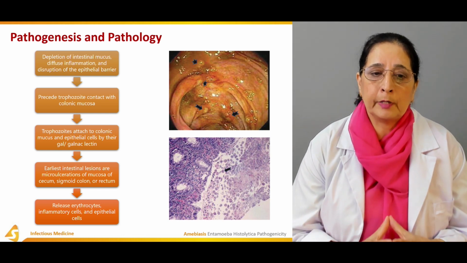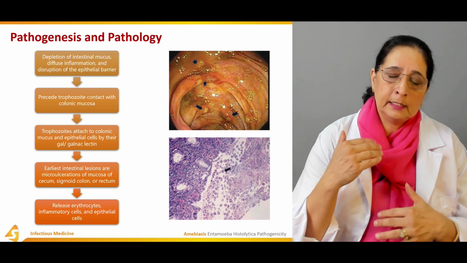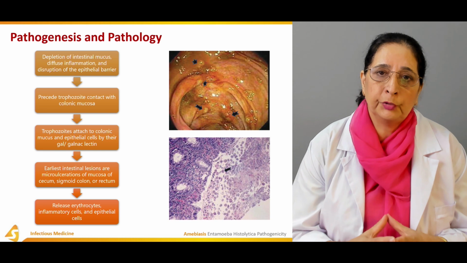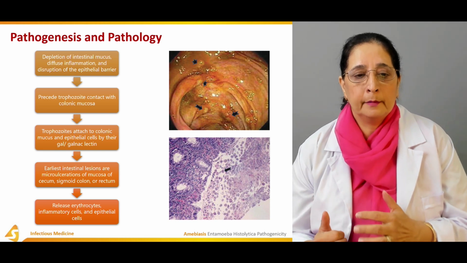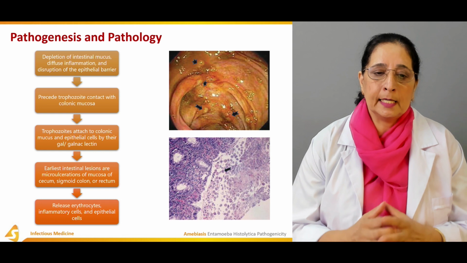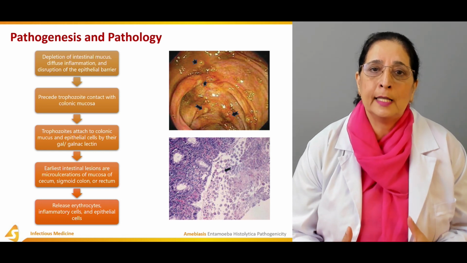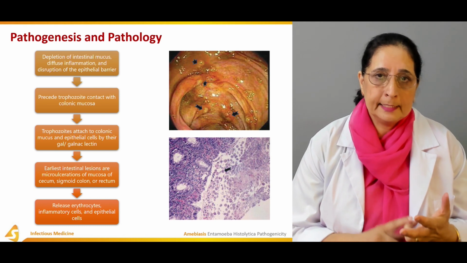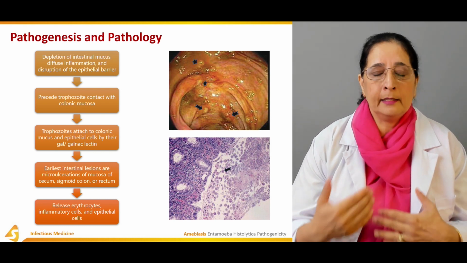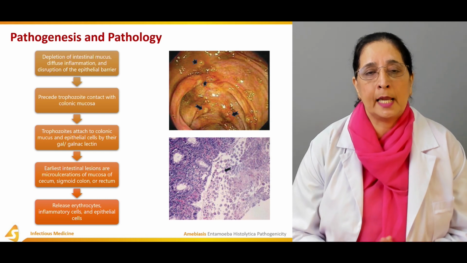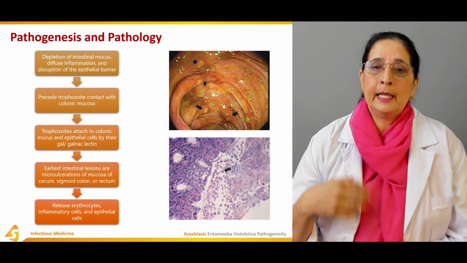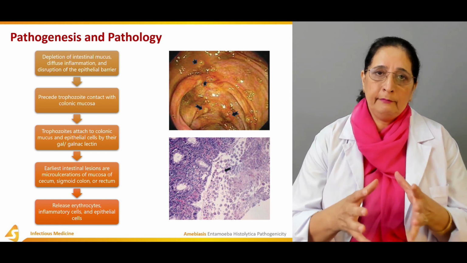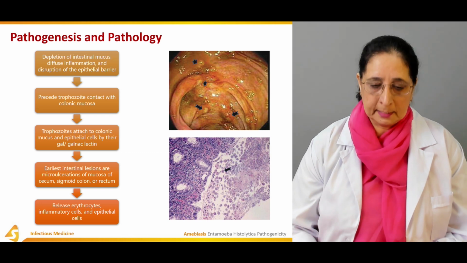Once there is disruption, there is attachment or contact of the trophozoite with the mucus and epithelial cells, and formation of ulceration in the sigmoid colon, cecum and rectum. Then there is release of erythrocytes and inflammatory cells, and the inflammatory reaction takes place.